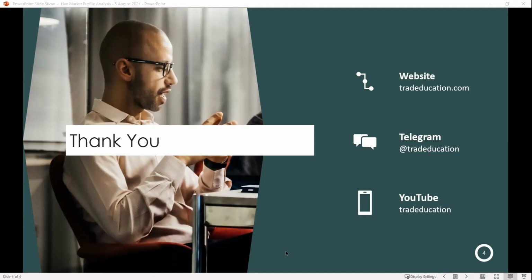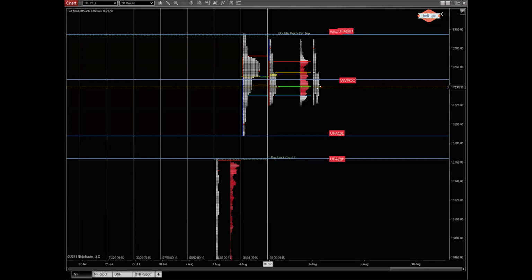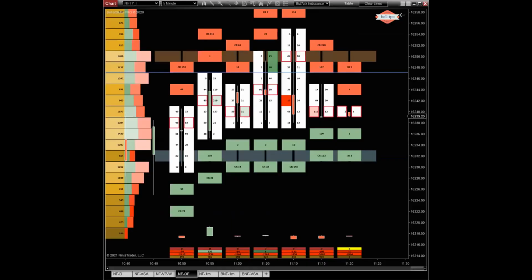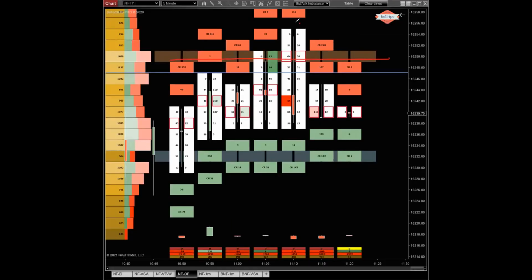Okay, so I'm just switching back to the market profile chart, and let me see what's happening. Let's look at the order flow and see if we are able to spot any anomalies or something. So this is the VWAP line. We are seeing a sharp rejection. There is a lack of sellers.